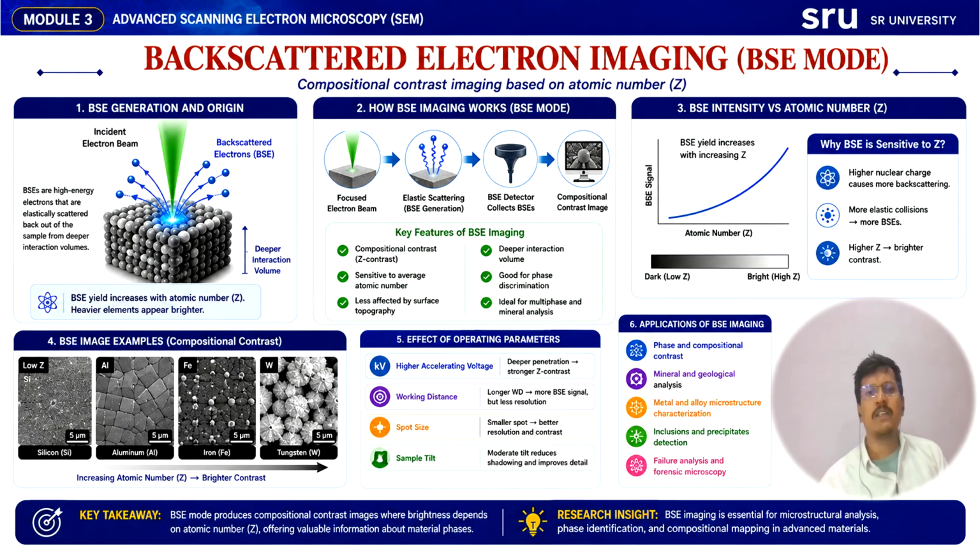An important advantage of backscattered electron imaging is its ability to differentiate materials that may appear similar in secondary electron images.